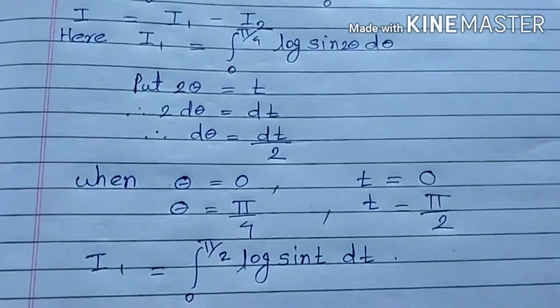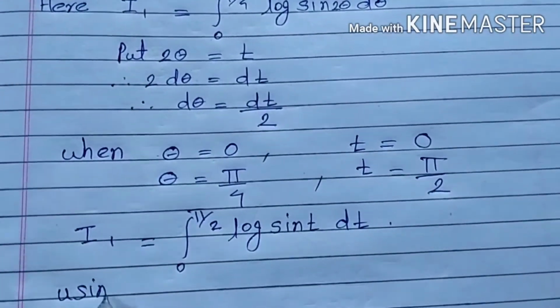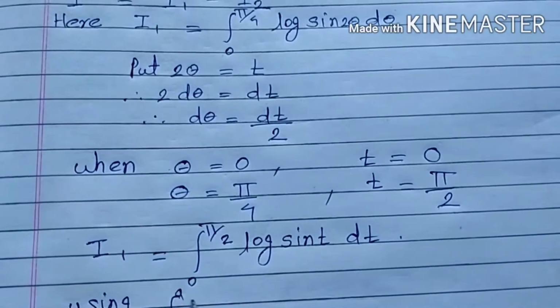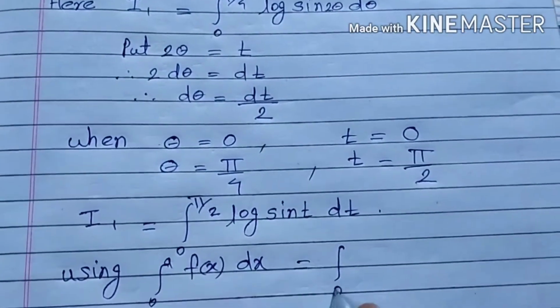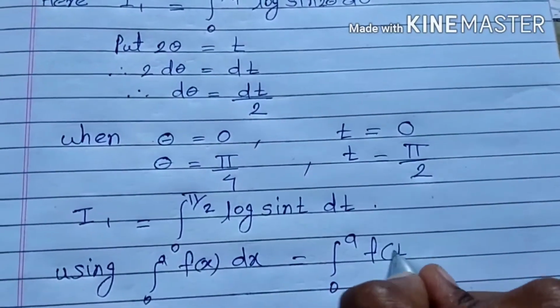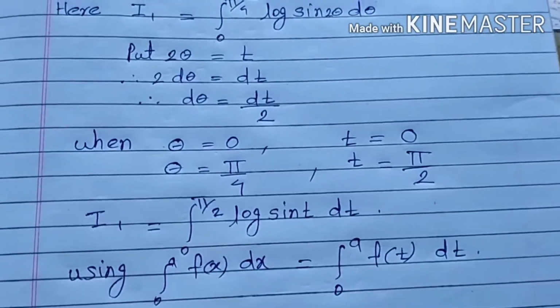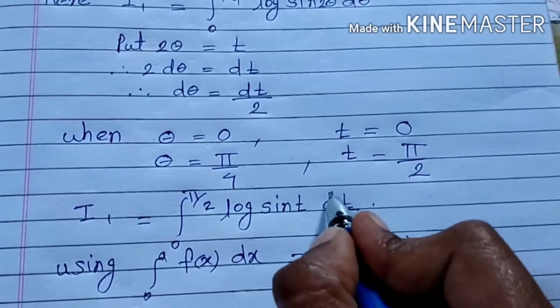Now by using the property, integral from 0 to a of f of x dx is equal to integral from 0 to a of f of t dt. Sorry, one mistake, it is dt upon 2.